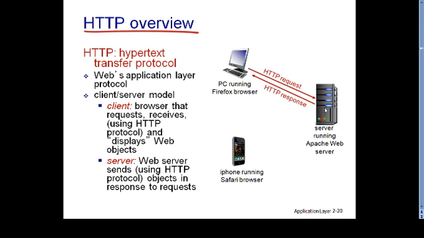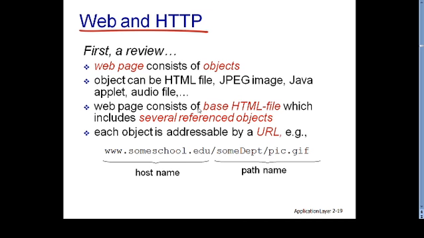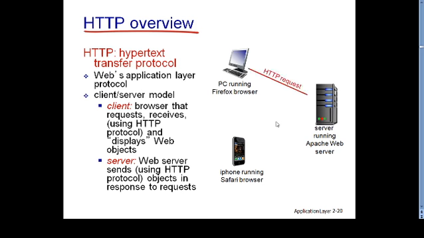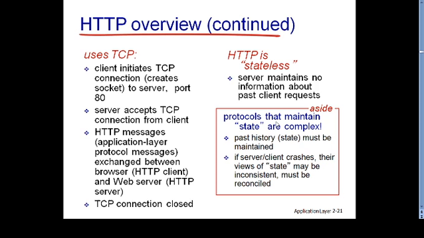So in the first response of the HTTP server, the client will get a base HTML file, as you can see over here, along with the referenced objects of other objects present in that web page.